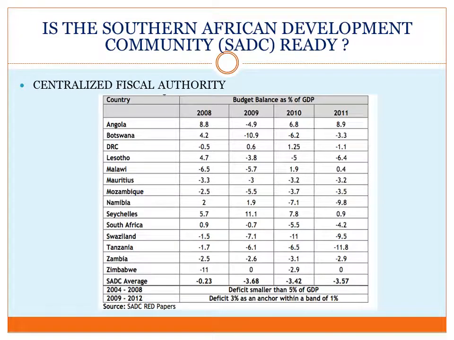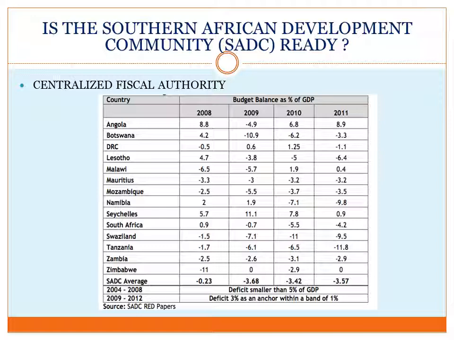Another important factor is that countries should have a centralized fiscal authority. If countries in the monetary union are hit by asymmetric shock, the central fiscal authority cushions member states by transferring the tax revenues it collects from the countries that are doing well to the countries that are heavily affected by the shock. However, this is not a near possibility in the SADC region because most countries have had constant negative budget balances.